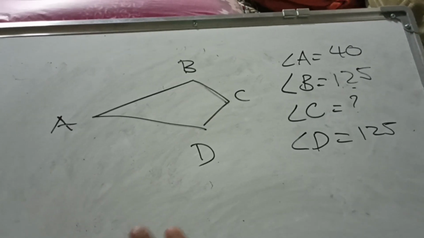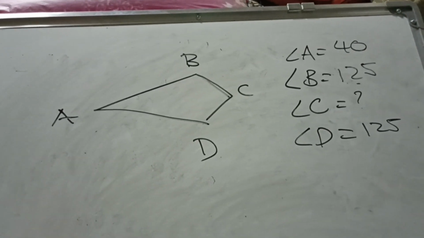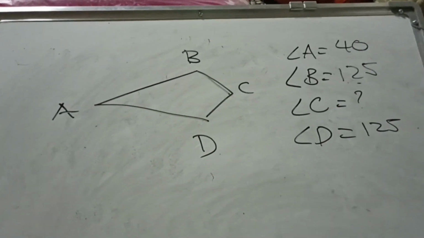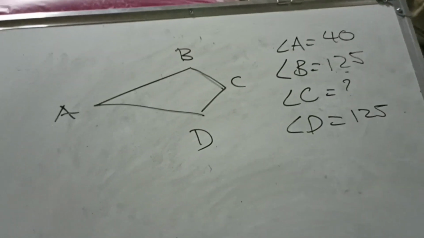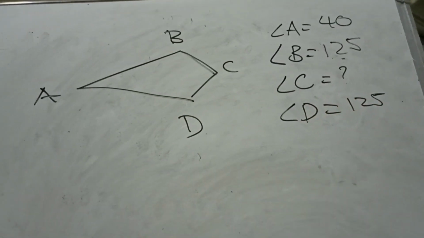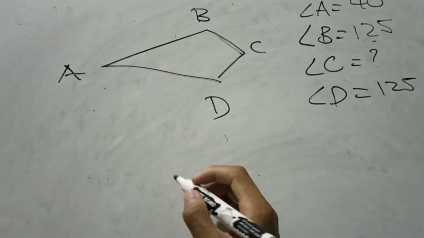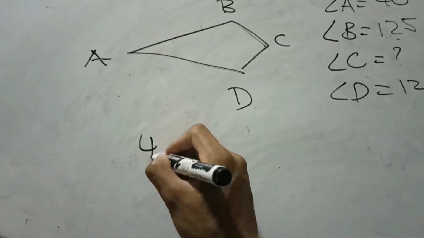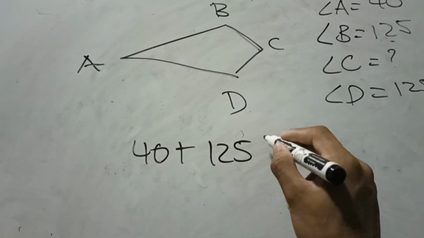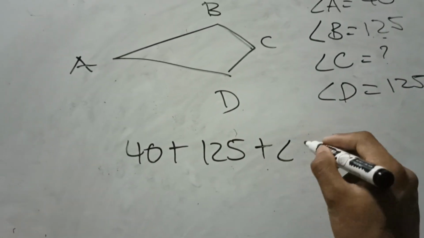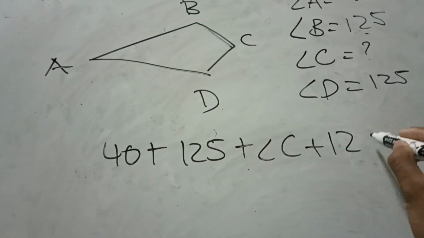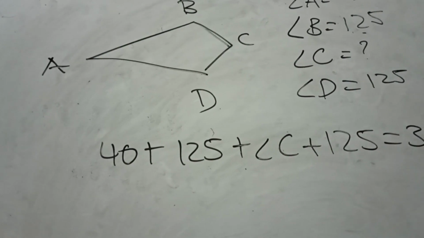Now, a kite is a quadrilateral, so if we add all angles together, it will be equal to 360. In solving for angle C, this property will help us. So angle A is 40, plus 125, plus C, and then plus 125 is equal to 360.